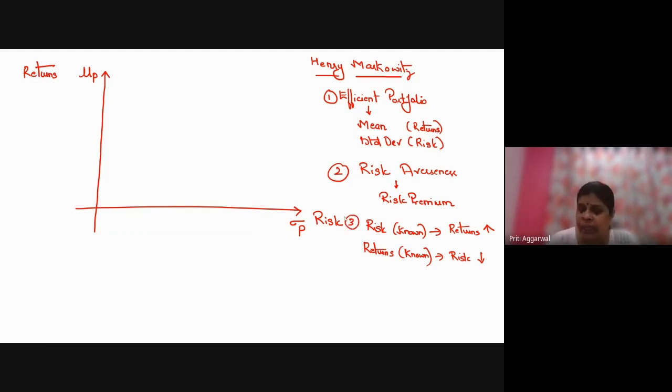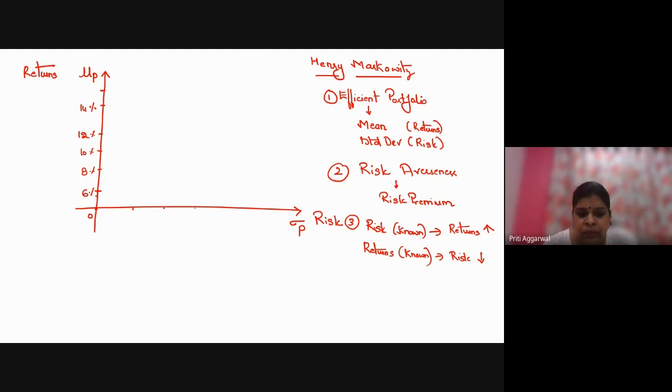So now I'll be just putting in some numbers. So let's say, as he talked about different portfolios, right? Let's say we are talking about a standard deviation of 0, and here we have something called 6% returns, then 8%, 10%, 12%, and 14% returns, right? So these are some returns which are given to me.